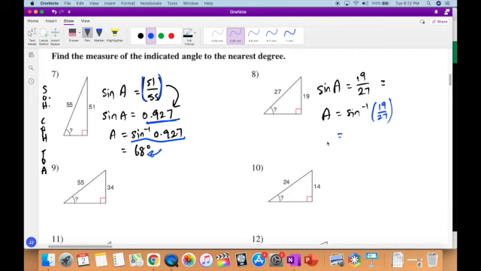If you're not using brackets, you're doing it wrong, especially with this kind of thing. So I typed in exactly what you see here: sine inverse, open brackets, 19/27, close brackets, and press enter, and I got 44, well, to the nearest degree, about 45 degrees. You all got 45 for this one? Yes, sir.